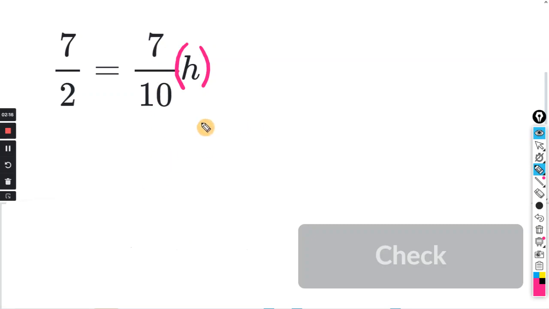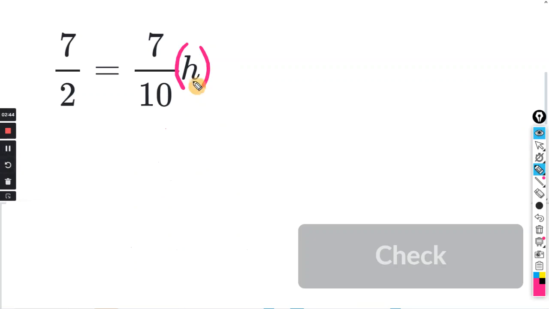Don't write this part yet, but if I did this divided by 7/10, basically you would have to use keep, change, flip. You keep this, you change division to multiplication, and you flip or take the reciprocal of the fraction. So that's why we're multiplying by the reciprocal. So forget about this right here.